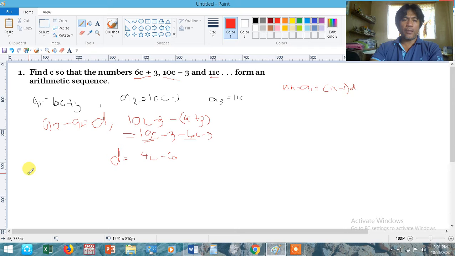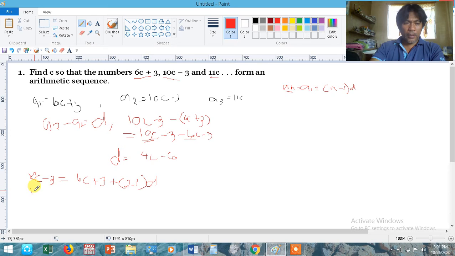We have 10C minus 3 equals, looking at here, this is A2, so we have A sub 1, which is 6C plus 3, plus, since it is the second term, 2 minus 1 times the difference. This will become your equation, or this can be transposed.